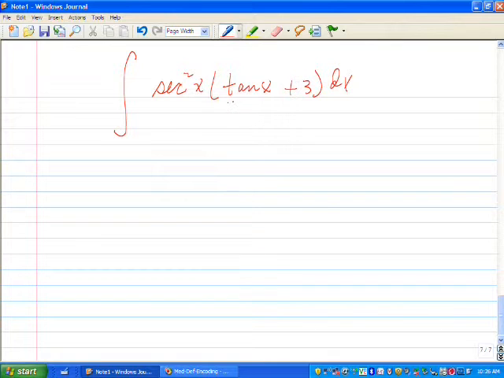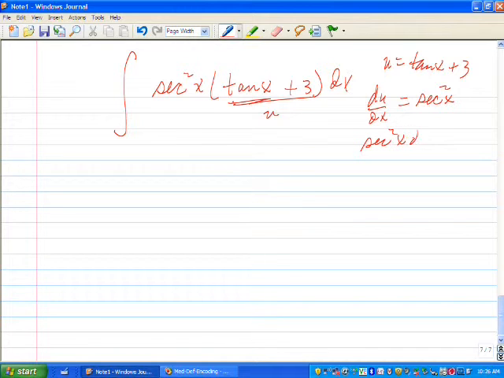Notice that the derivative of tangent is equal to secant squared, and if we let u equal tangent of x plus 3, we will get du dx is equal to secant squared of x, and so secant squared of x dx would equal du.